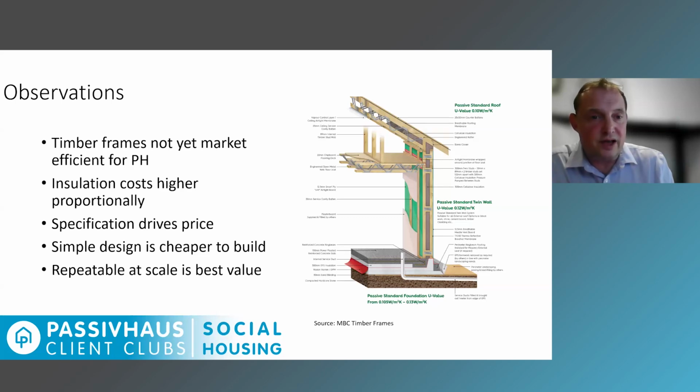We want air source heat pumps, for instance, which are smaller than you would require for a building regs type home. Remember, specification drives price. So if you're specifying expensive goods, it's going to be an expensive building. You just need to work with your QSs to do that as much as you can. Simple design, cheaper to build, repeatability at scale is where you're going to save money if you can.